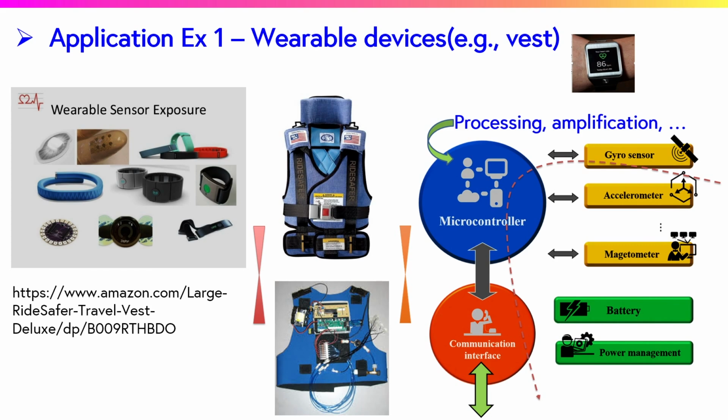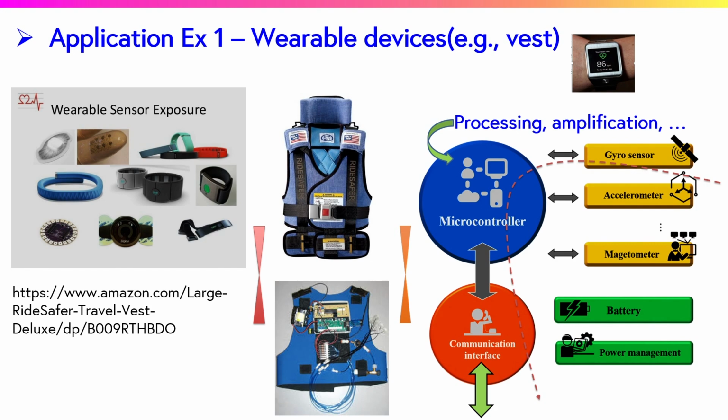We need to process it. Okay, we have a microcontroller, a small chip to process the signals and pack them into a specific format for transmitting back to the application layer for processing. Okay, so we need the communication interface. It depends on what kind of communication technology you apply.